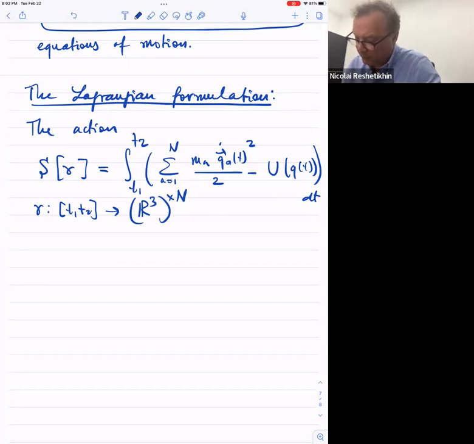And again, you can easily see that we have a theorem.